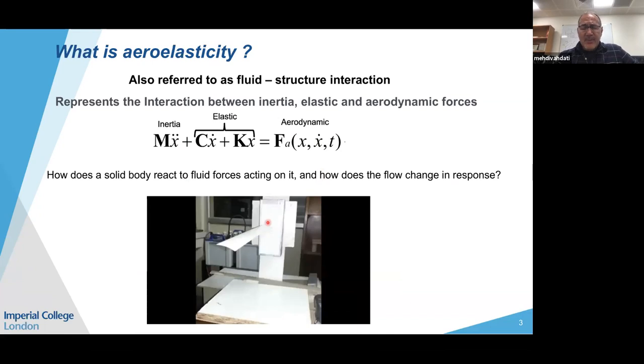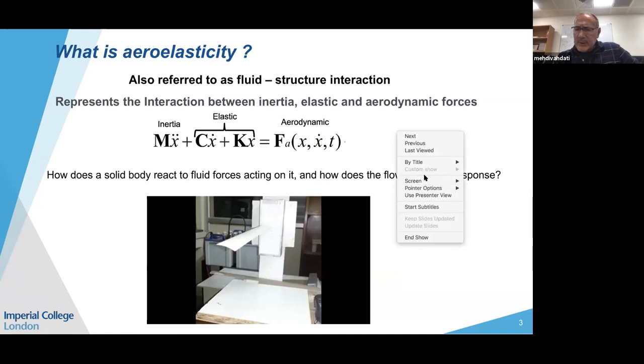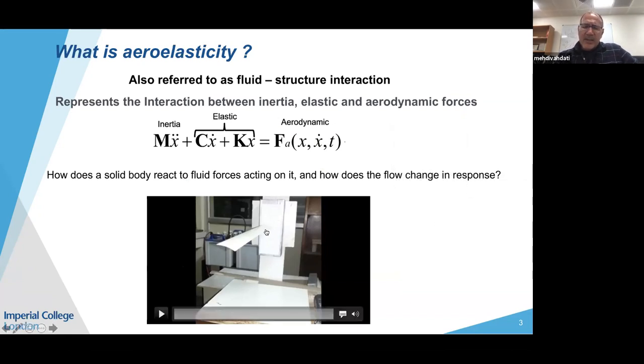This is representing what you can think of as a wing in free stream. So we have a wing sitting in a free stream, and we start blowing air over it. As the air starts flowing, you can see initially it displaces to a new position and then starts vibrating.